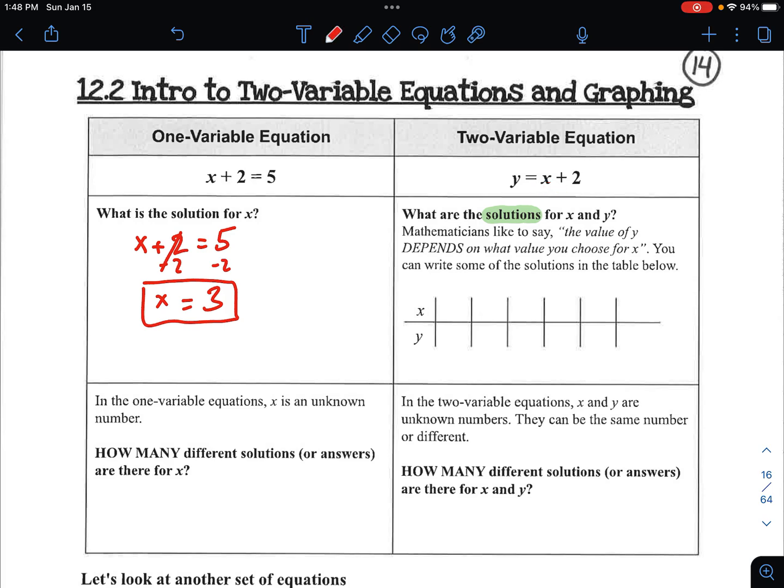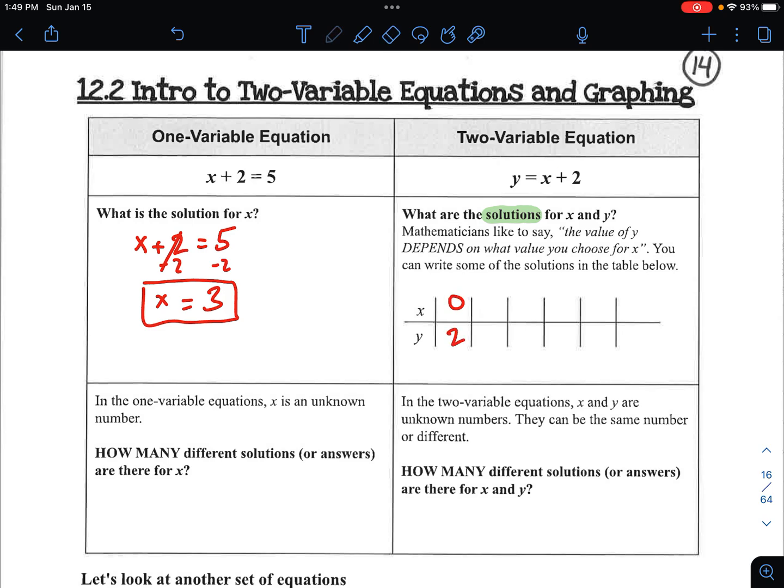Let's say x was 0. What would y be? If x was 0, then y would be 2, right? Because 2 equals 0 plus 2. Those would be the same. So I would write my solutions right here. If x is 0, y would be 2.